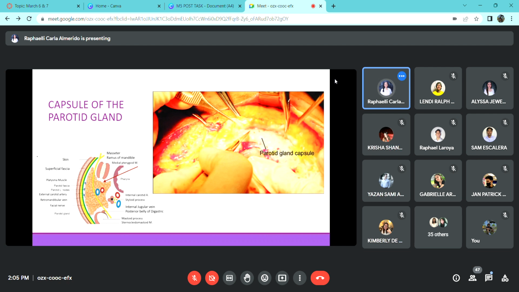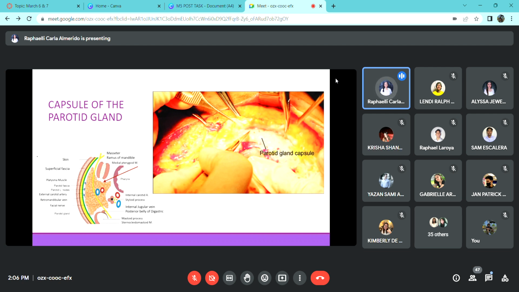Okay, so it's a somewhat false capsule. But it is composed of fibrous tissue and is continuous with the deep investing fascia of the neck. Okay, and the stylomandibular ligament is an anterior thickening of the capsule.